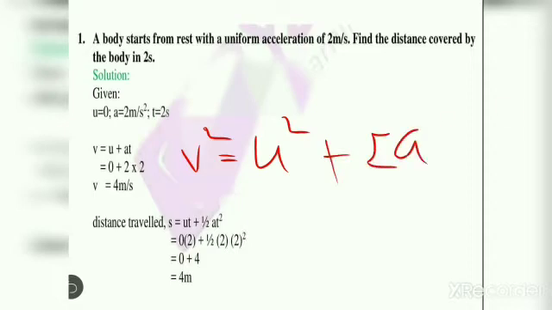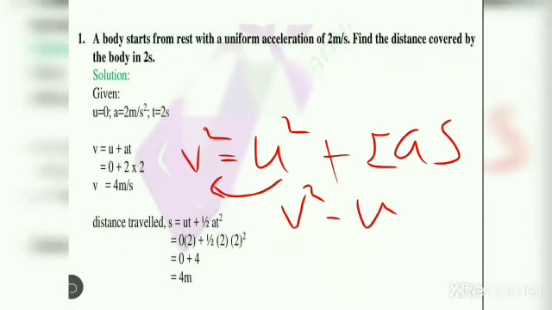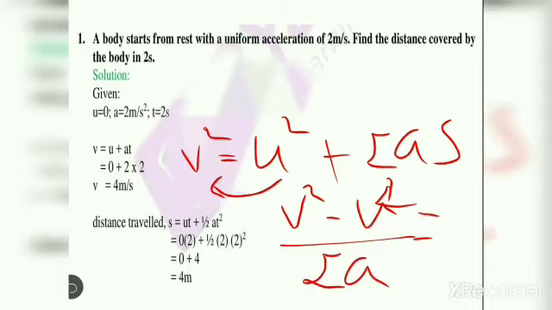So the final velocity will be 4 meter per second. Now you can use the formula v square = u square + 2as. When you want to find the distance, you can send this to the other side, so (v square minus u square) divided by 2a = s.